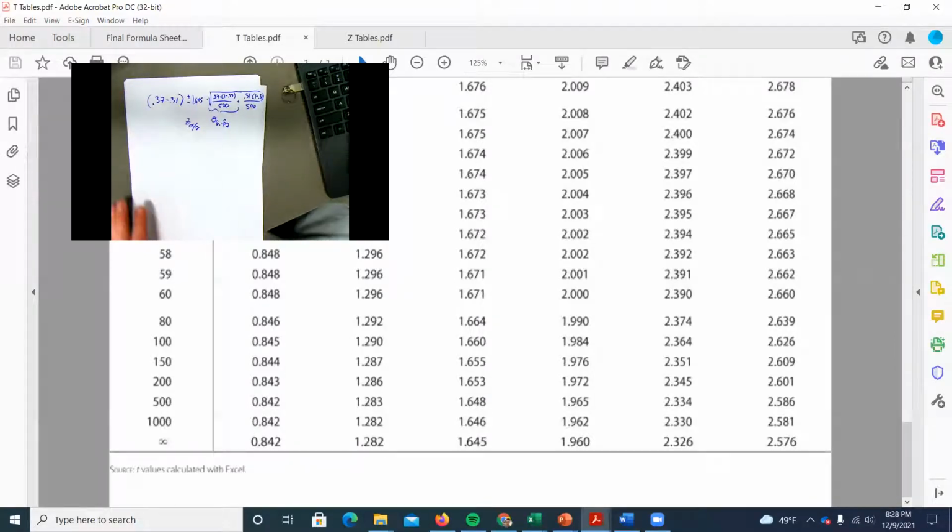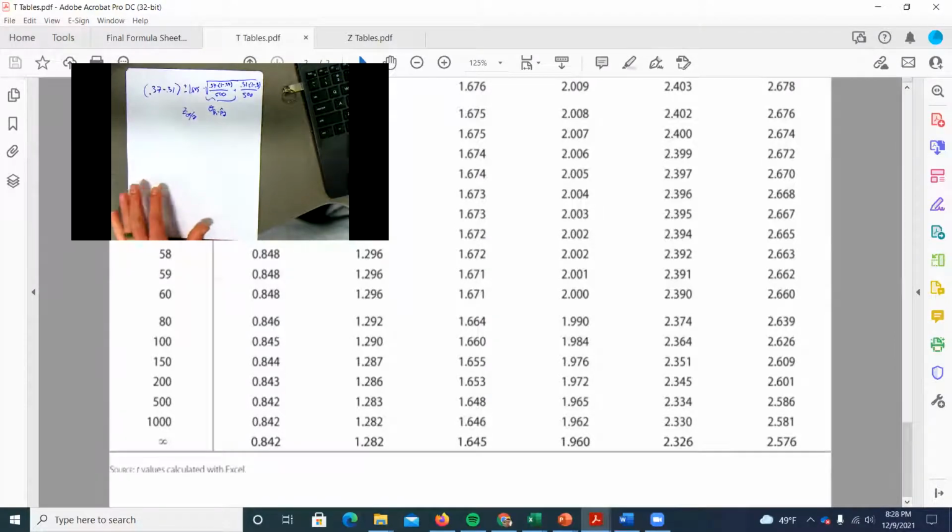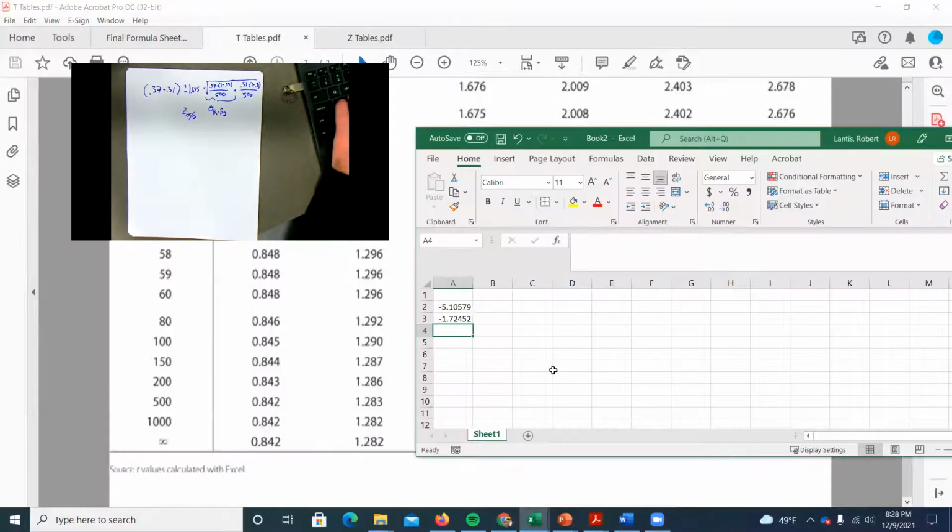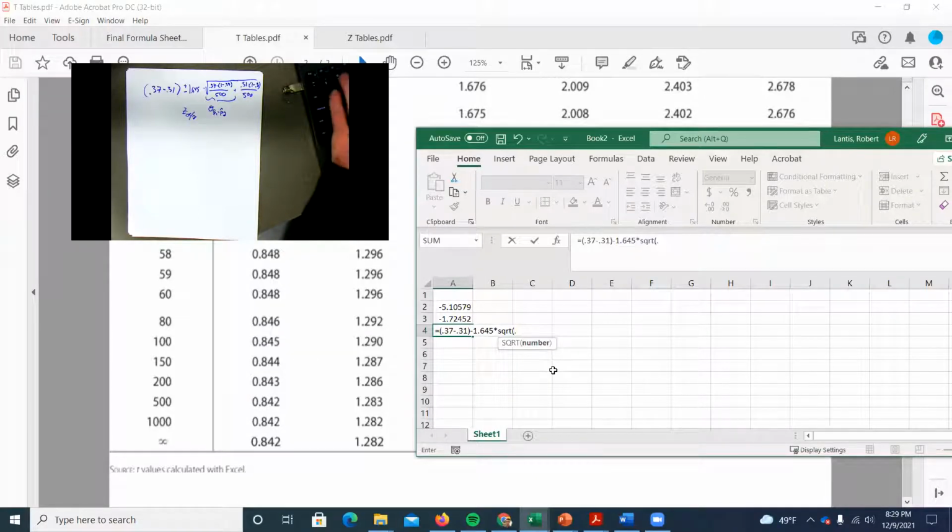Now it's just a matter of getting that entered into my calculator correctly. Okay, so if I open my Excel calculator here, 0.37 minus 0.31, right? Minus 1.645 times the square root of 0.37 times 1 minus 0.37 over 500 plus 0.31 times 1 minus 0.31 divided by 500, right?